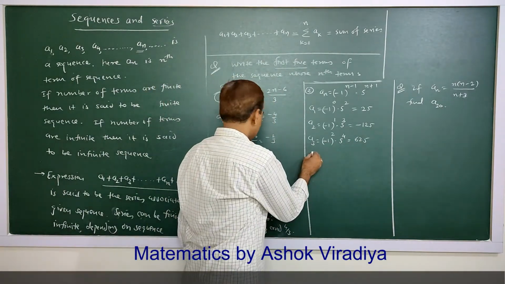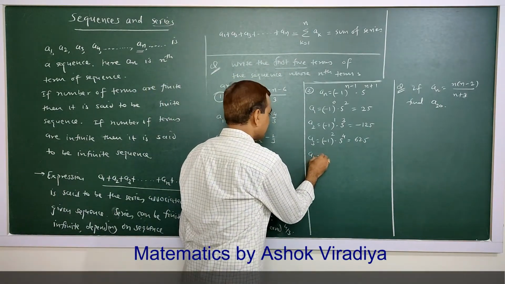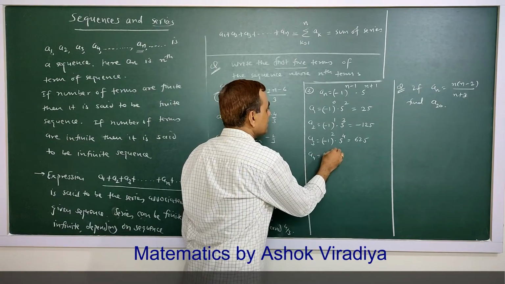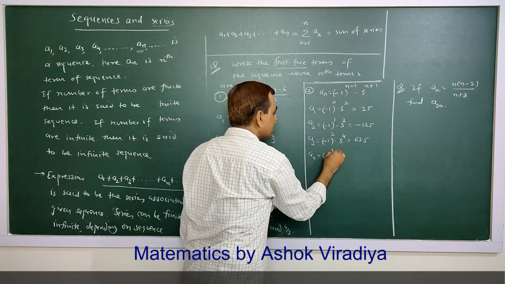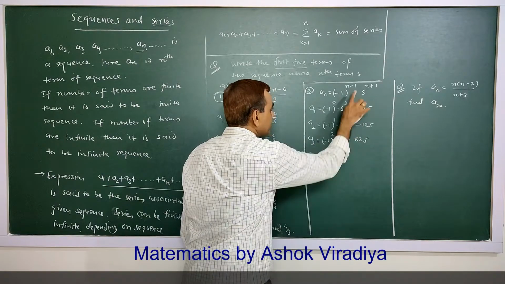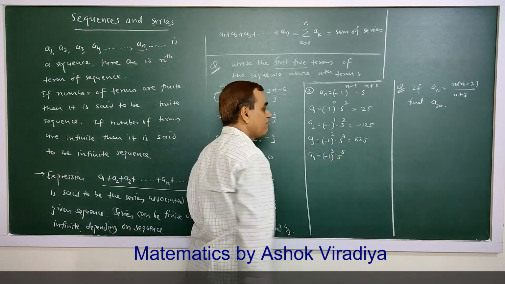Then the fourth term. So minus 1 raised to 4 minus 1 is 3, into 5 raised to 4 plus 1 is 5.